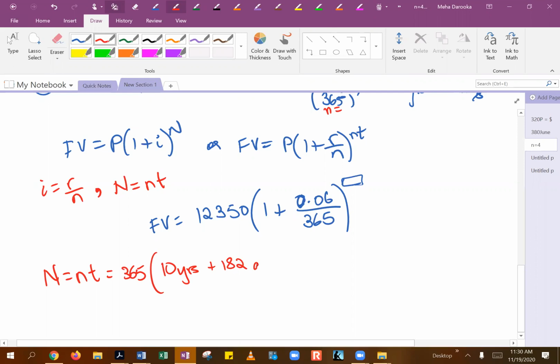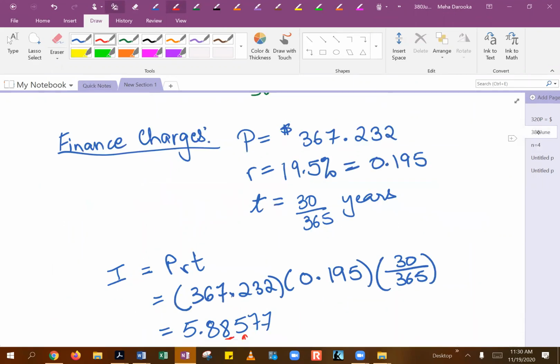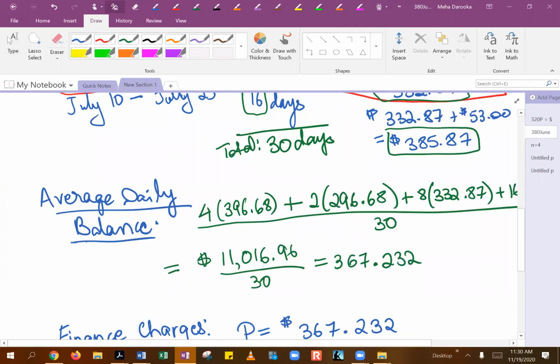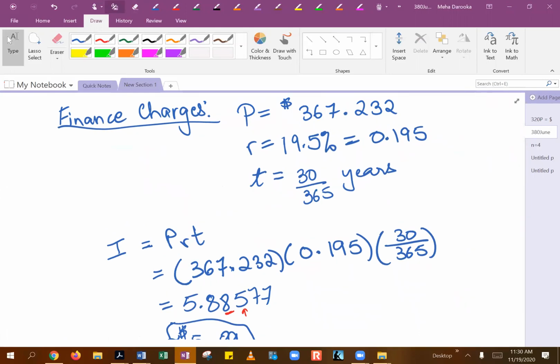Now, typically when you are talking about your time, remember how we said all time has to be converted into years? So technically, what we would have to do is take this 182 days and divide it by 365 days so we could convert this into years. And we talked about doing that right here in this example where we were looking at the credit card charges. You had 30 days in that given month, the billing period, and so we divided it by 365.